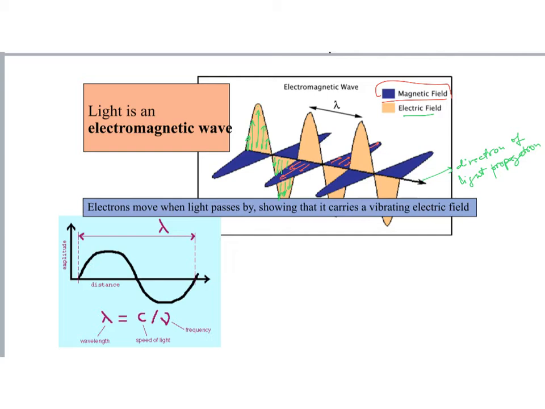All right, and so electrons or charged particles move when light passes by, showing that it carries a vibrating electric and magnetic field. So in that sense, light is an electromagnetic wave. That's what light is. We see it as light.